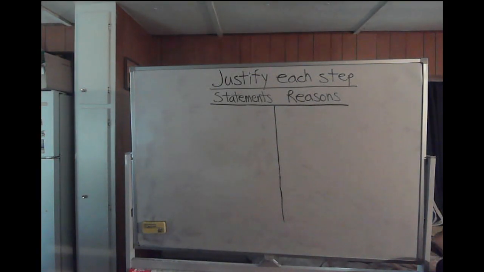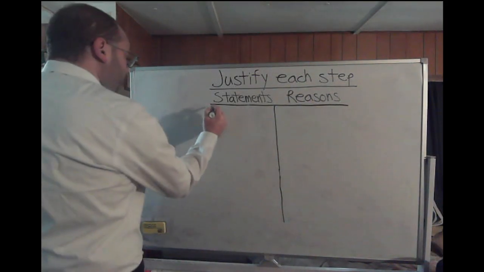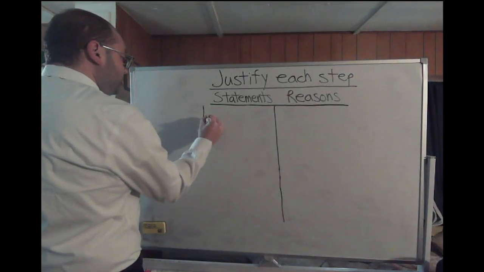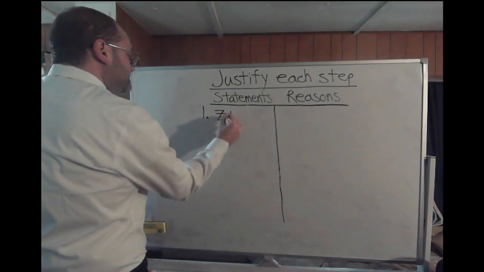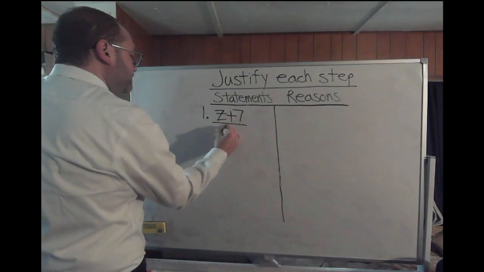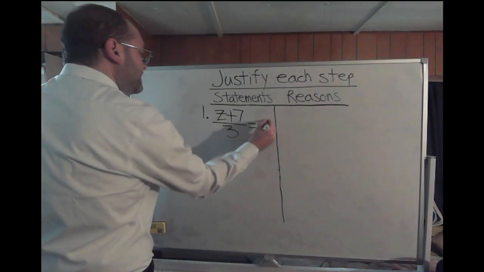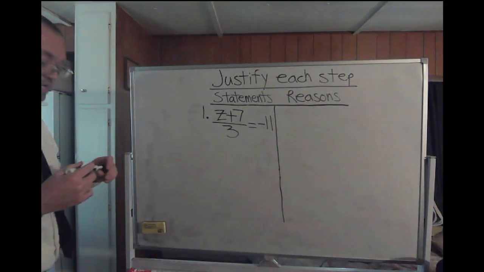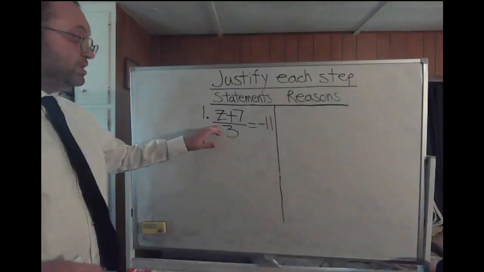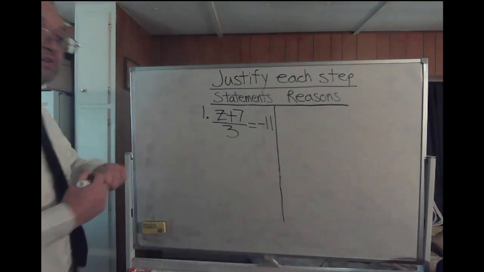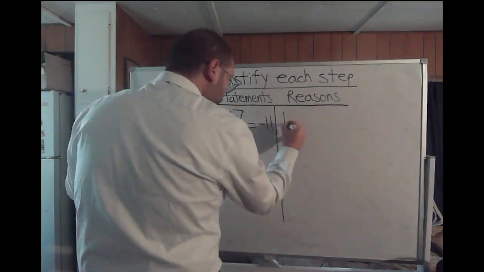Alright, last one here. First statement, we have z plus 7 all over 3 is equal to negative 11. Okay, so the first statement is z plus 7 all over 3 equals negative 11. Well, the reason is that was given to you.